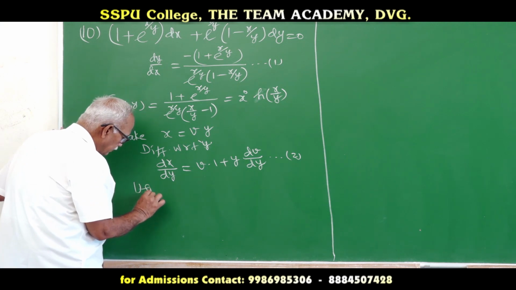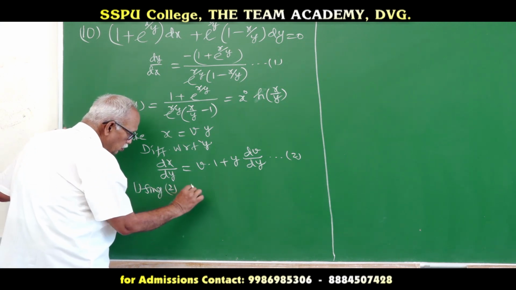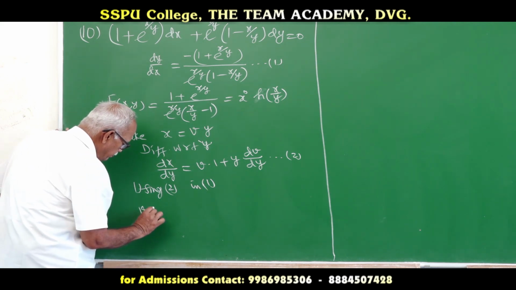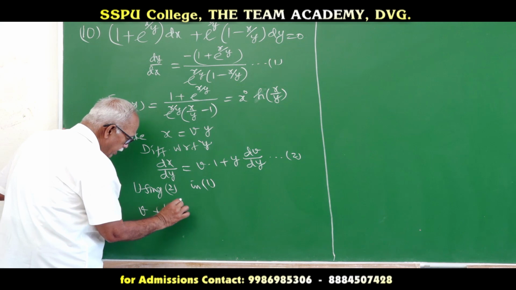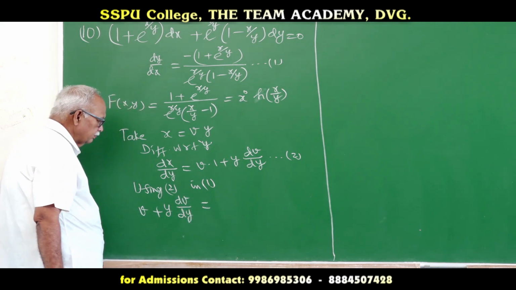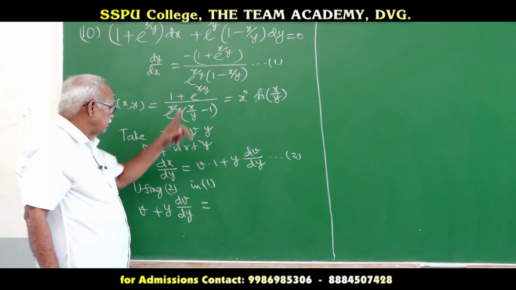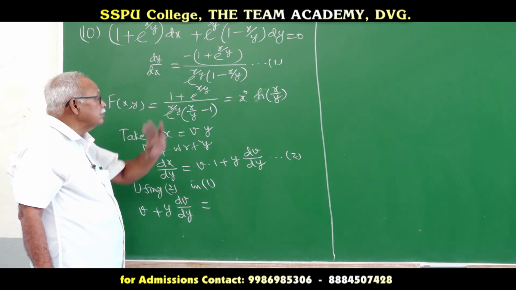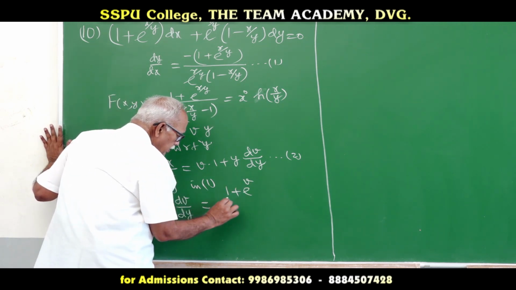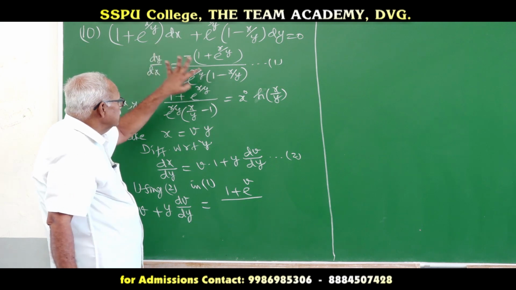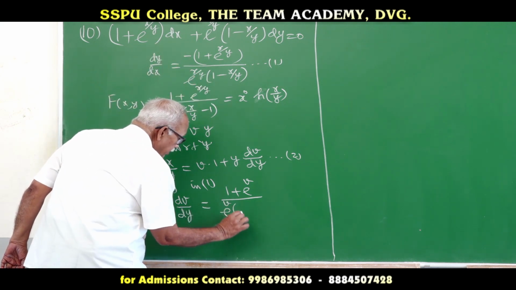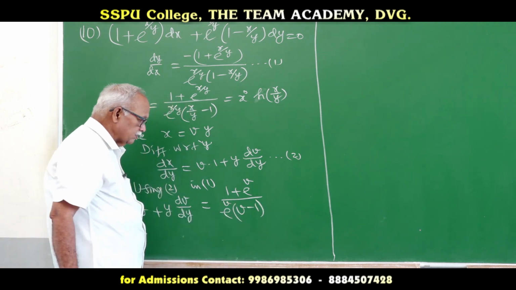Using equation 2 in 1, here v plus y dv by dy is equal to, now here from this you can see x by y is equal to v. Now, we can write this as 1 plus e power v divided by, this minus sign I am multiplying it here in the denominator, that is e power v into v minus 1.